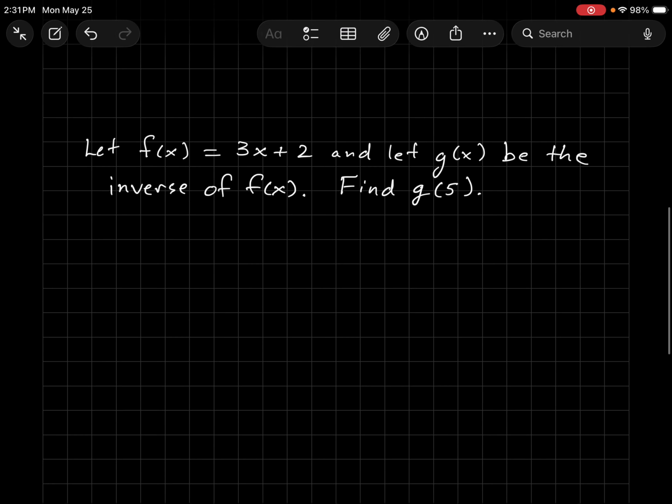Let's do an example. Suppose that f of x equals 3x plus 2, and let g of x be the inverse of f of x. We want to find the value for g of 5. Well, up above we saw that g of 5 equals some number, I'm going to call it a, means that f of a equals 5.